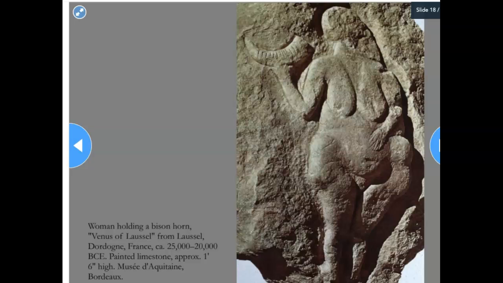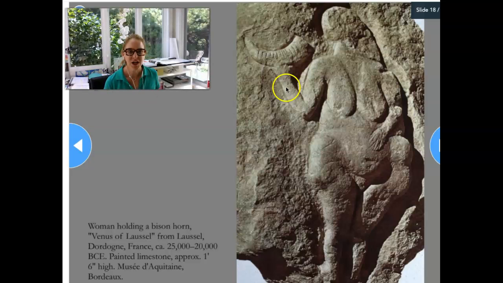We call it relief sculpture, R-E-L-I-E-F. And relief sculpture is different than what we just looked at in terms of the Venus of Willendorf, okay? The Venus of Willendorf is a freestanding sculpture. You can hold it, it's about 4 1/4 inches high. You can put it in your pocket, you can carry it around.